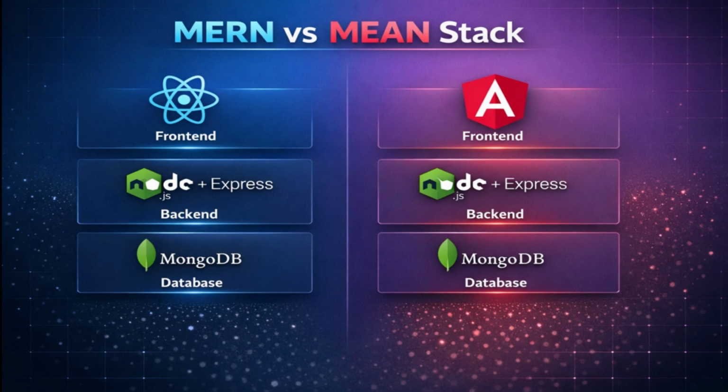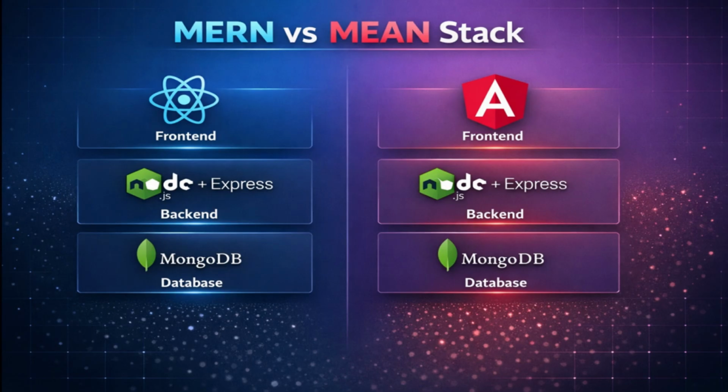For data storage, MERN uses MongoDB, a NoSQL database that stores data in flexible JSON-like documents, making it ideal for modern web apps. On the right side, the MEAN stack follows a similar architecture but uses Angular for the front end.